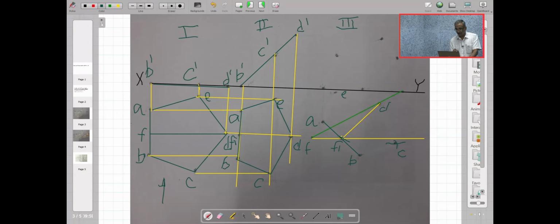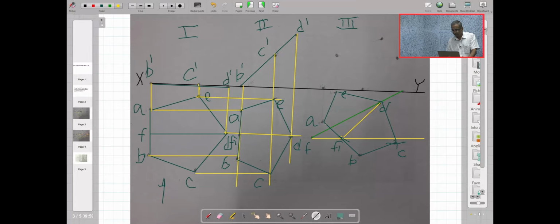Let me connect all these 5 points with lines. So I join AB, BC, CD, DE, and EA. This is my pentagon in the third stage, while the line is inclined to VP at an angle of 30 degrees. Once you have this top view, I can draw projectors.